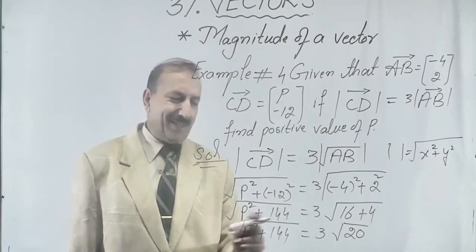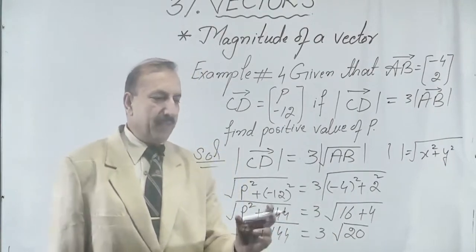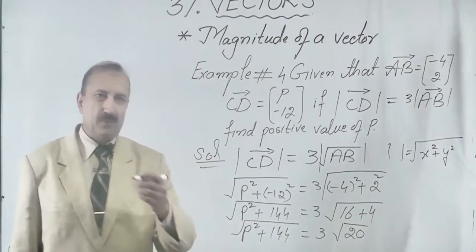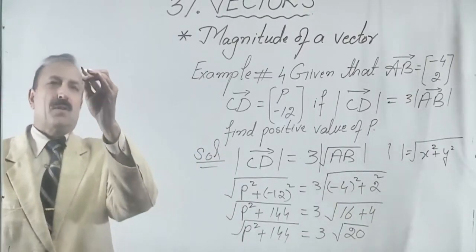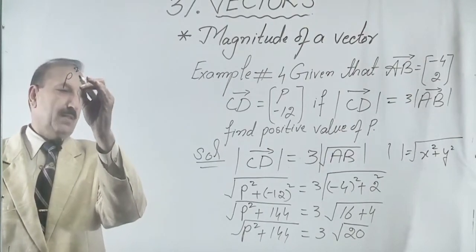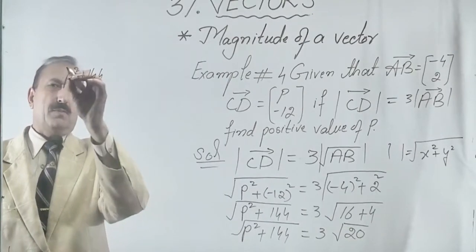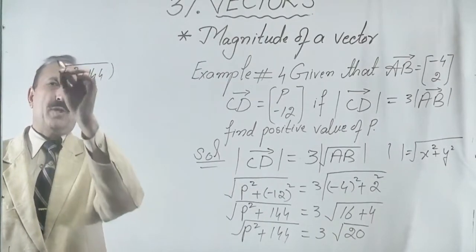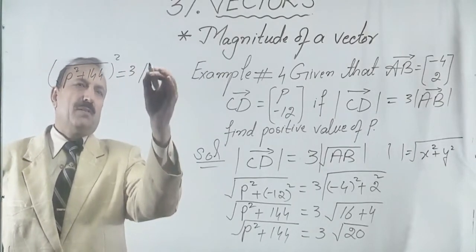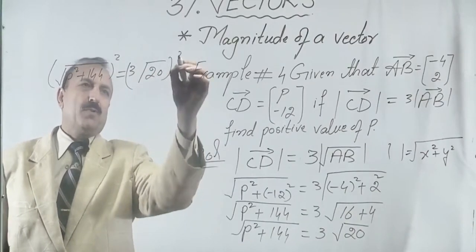Now we see that there is a radical sign, a square root on both sides. We will eliminate it first, and then we will carry on our further calculations. Let's take the square on both sides. This is the square root of P square plus 144. Let's square on this side, and this is equal to 3 times the square root of 20, and let's square on this side as well.